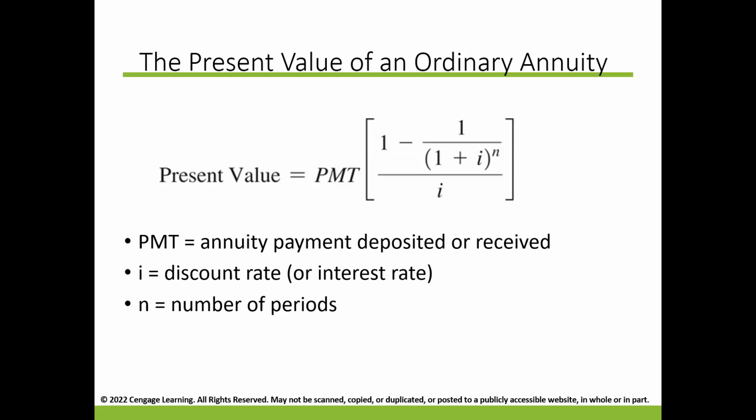Just like everything else, I put the formula on the screen only because I want you to be able to conceptualize what we're doing rather than just randomly punching numbers in a calculator. A lot of times when you see it conceptualized, it flips on that light switch and you're like, oh, wow, okay, I can get this now.